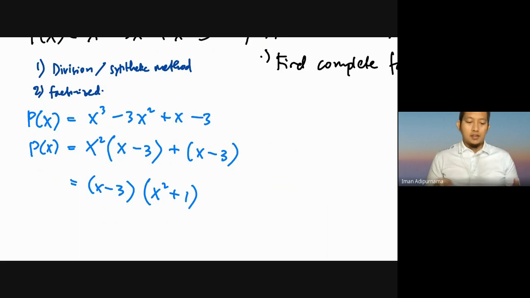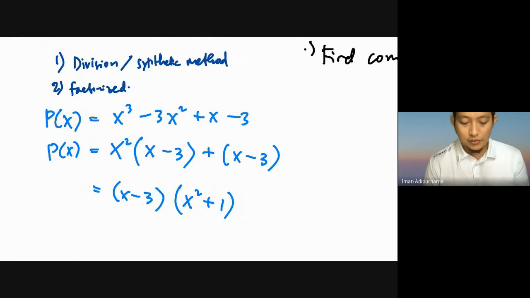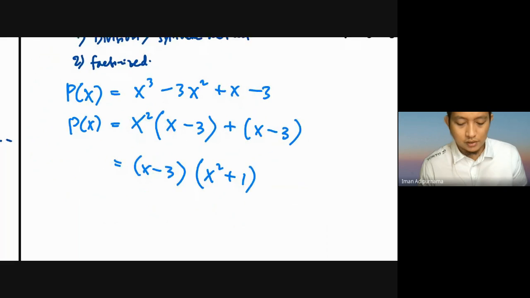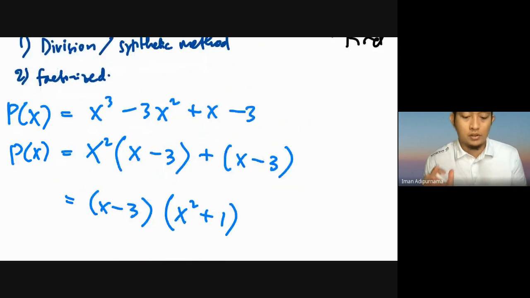Sometimes you can try something like this in a polynomial: try to factor out x squared, factor out x, or maybe x cubed if you have more degree. Check whether they have this kind of property, and if so, then we can factorize easily, with no need to check with p over q and so on.